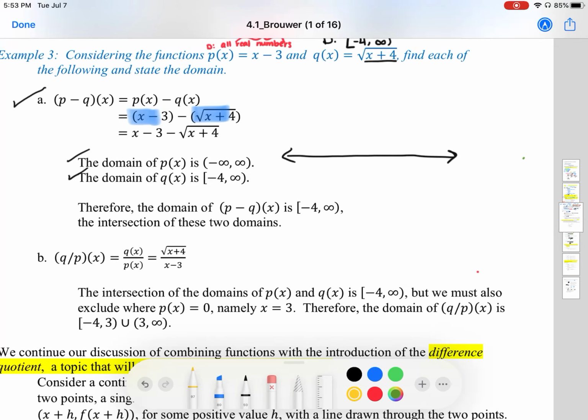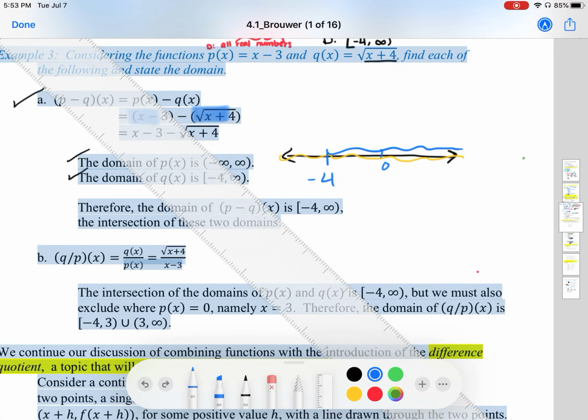This one's pretty easy to see. One of them is everything, and our only problem that we must consider is from -4 and on. And -4 is included. So where do they overlap? We see that they only overlap in these values here. So because of that, our answer would be -4 to infinity.